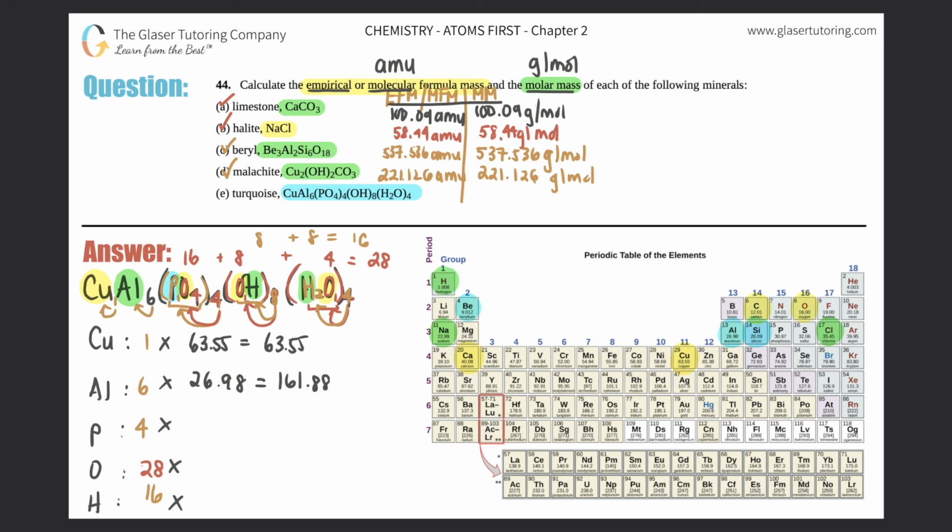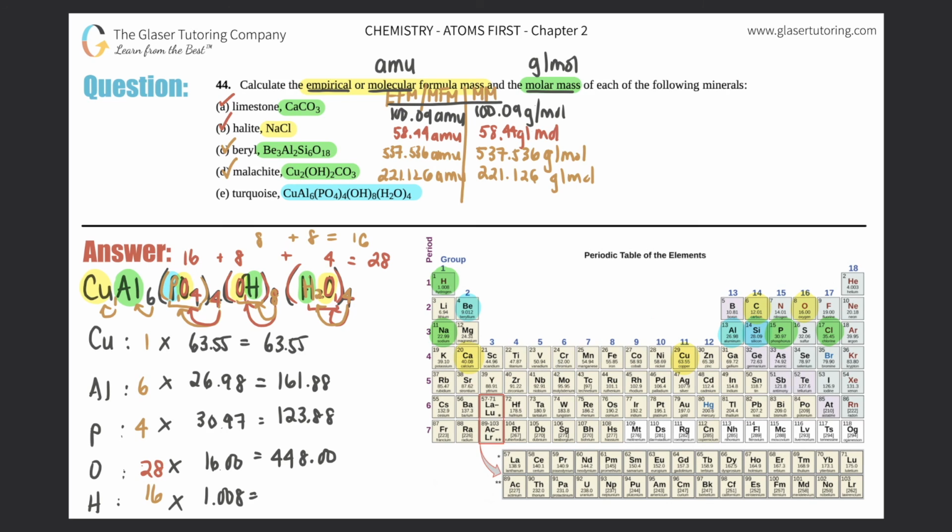Phosphorus is this element right here, 30.97. So 30.97 times 4 is 123.88. Oxygen, we know from before, is 16. So 28 times 16 is 448. Okay, and then hydrogen we know from before, 1.008.